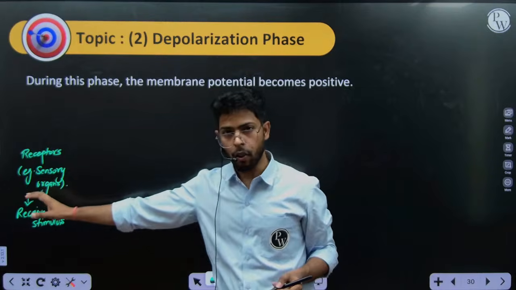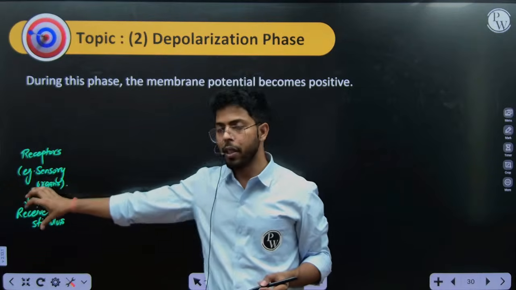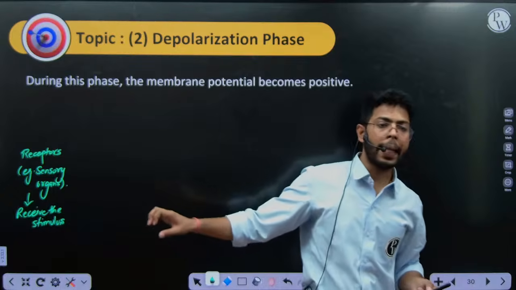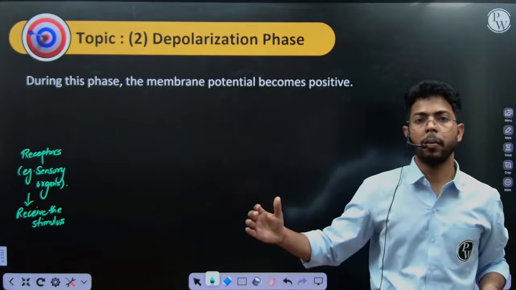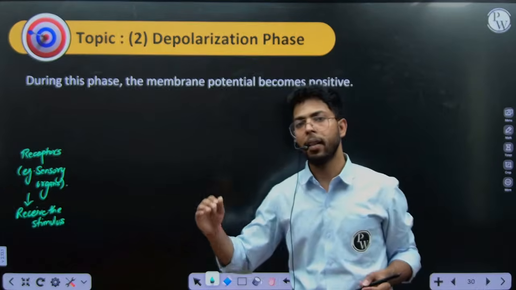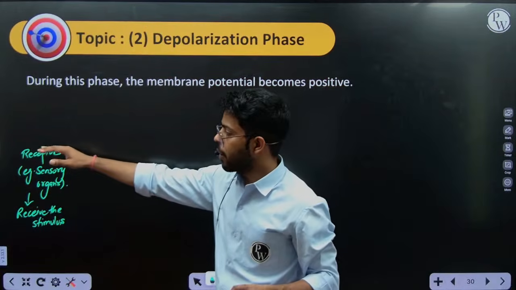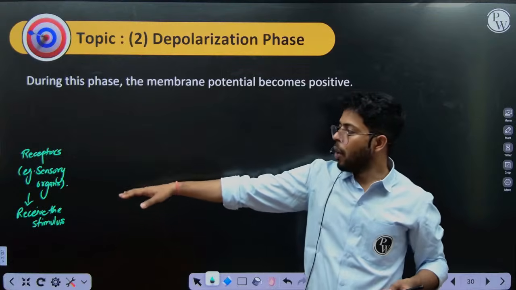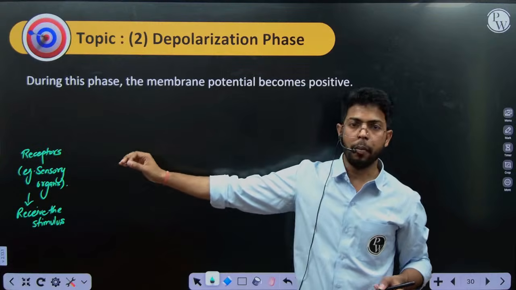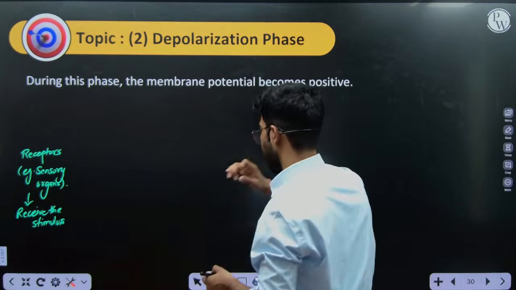There are five sensory organs in our body which receive the stimulus. That means they can sense a change in the external or internal environment. The receptor may be a touch receptor, baroreceptor, thermal receptor, or light receptor.